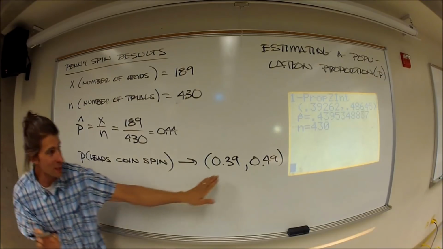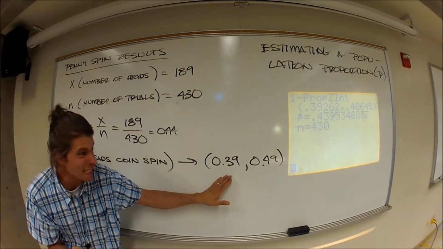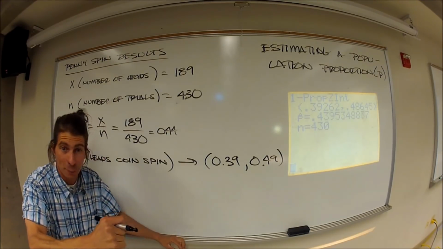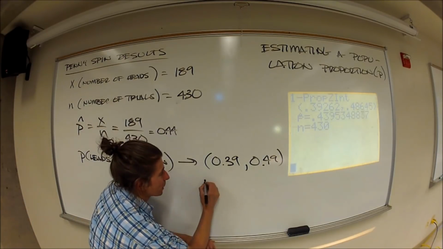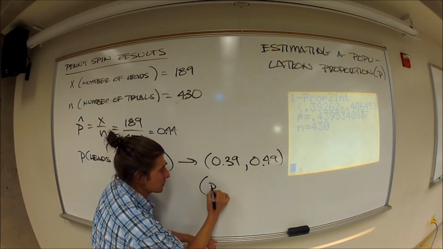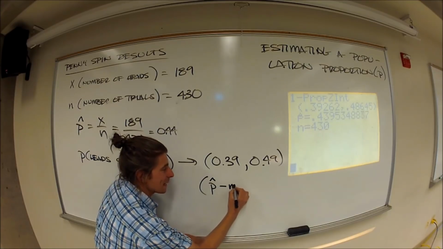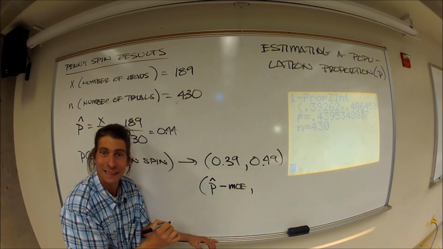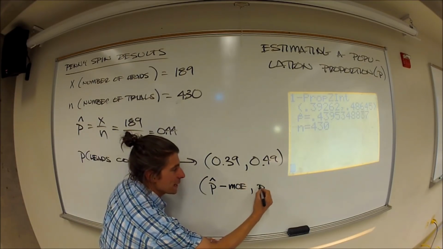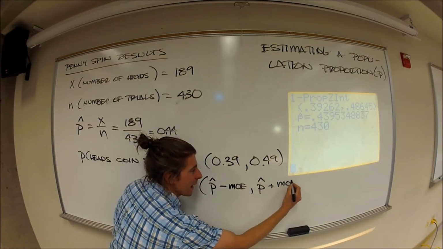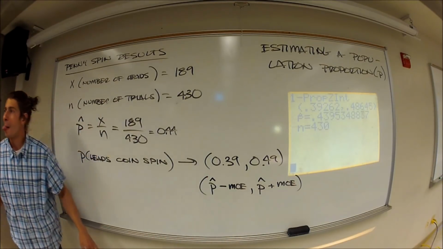So this confidence interval consists of the center value of p hat. This number here, 0.39, is p hat minus that margin of error, and this number here is p hat plus that margin of error.